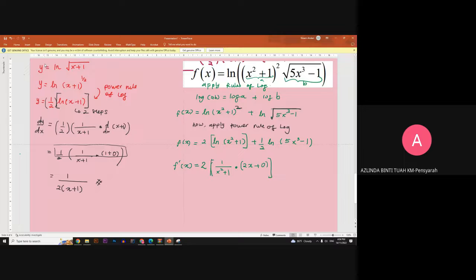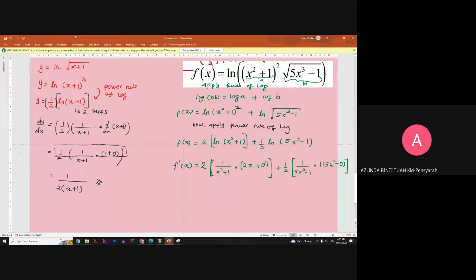Now use the same bracket. Plus 1/2 is a constant. Bracket. Copy back its function, 1 over 5x cubed minus 1 times differentiate the function, 5 times 3 is 15 x squared minus 0.